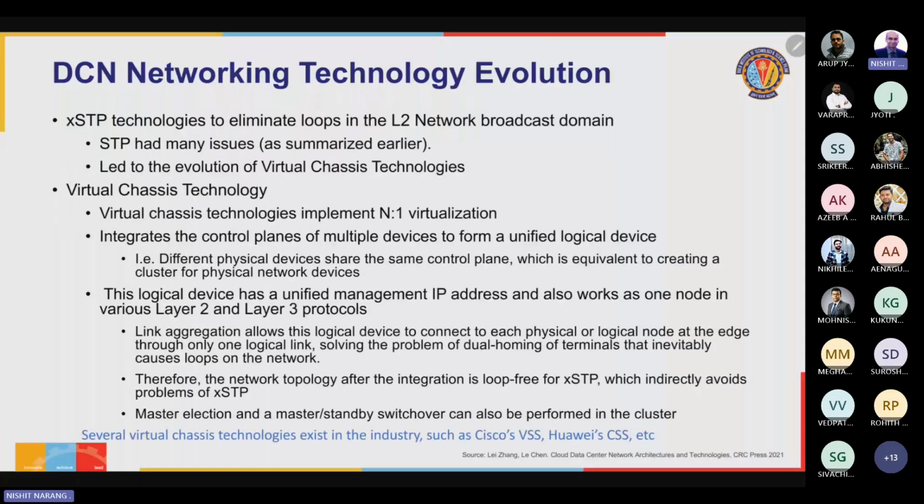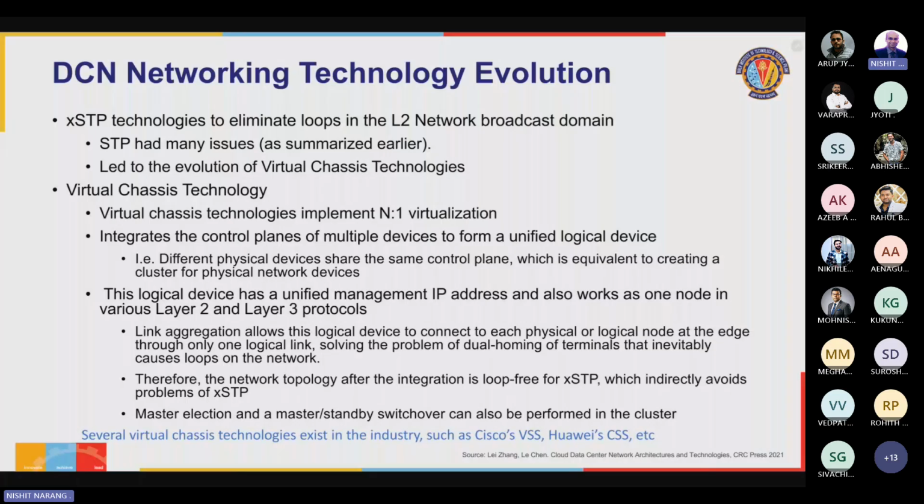Okay, so our journey in this data center network technology evolution will start from year 2000, where we learned that the topology used was the access aggregation core topology. Right?